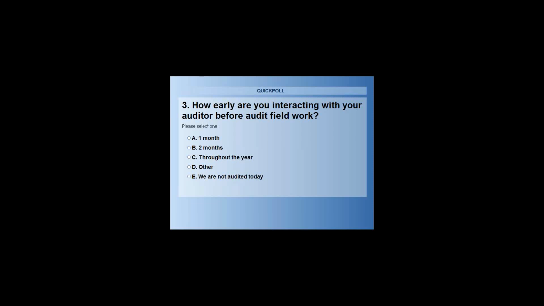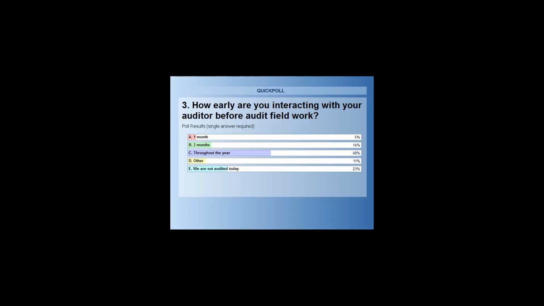Okay, let's go ahead and close the poll. So it looks like the majority of you are interacting with your audit firms throughout the year. That's a good thing. Oftentimes when we're auditing pre-public companies, it's sort of an afterthought, and I've got many temporary controllers and CFOs that, midway through the audit, will say to me, oh, I thought you were going to do that.